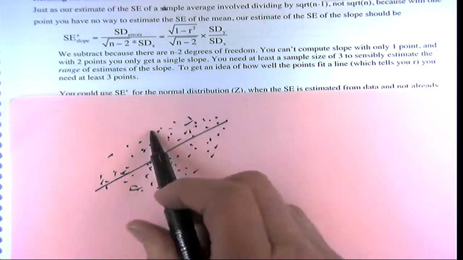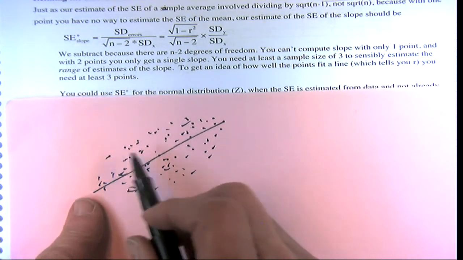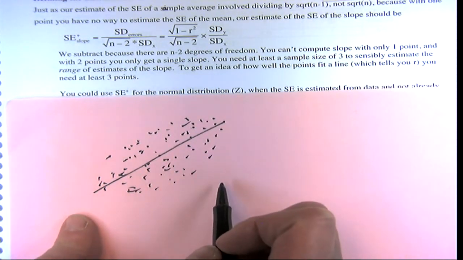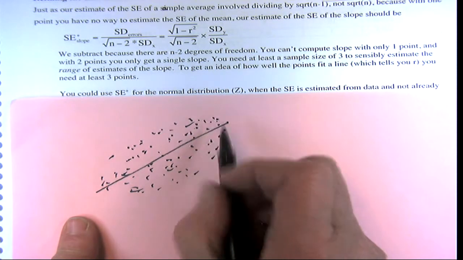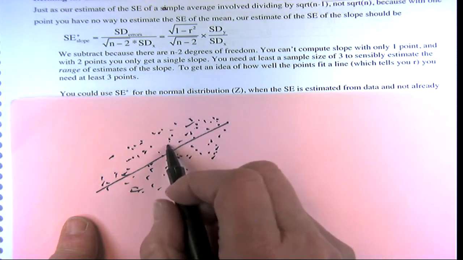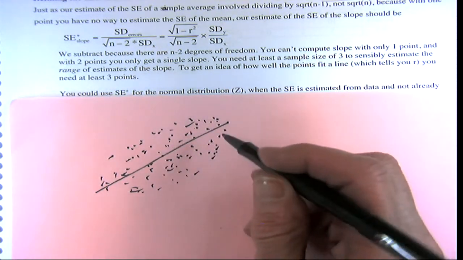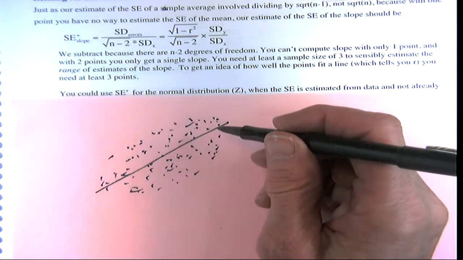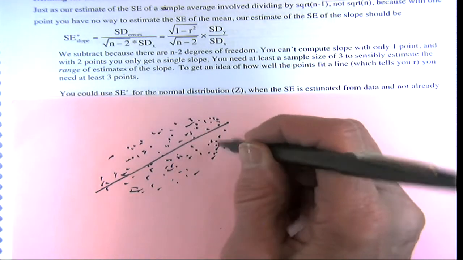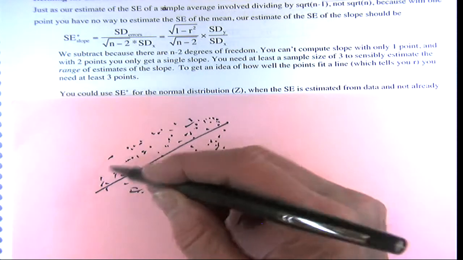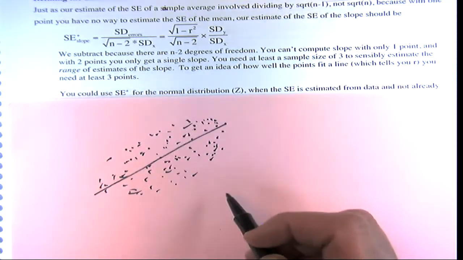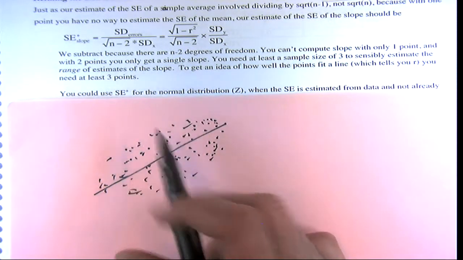The errors have to be independent not only of each other, but of the x variable. And then we also said that the spread should be equal all along here. Like you shouldn't have a fan-shaped pattern.